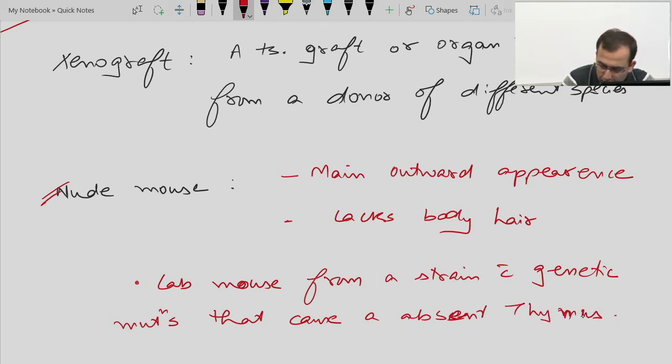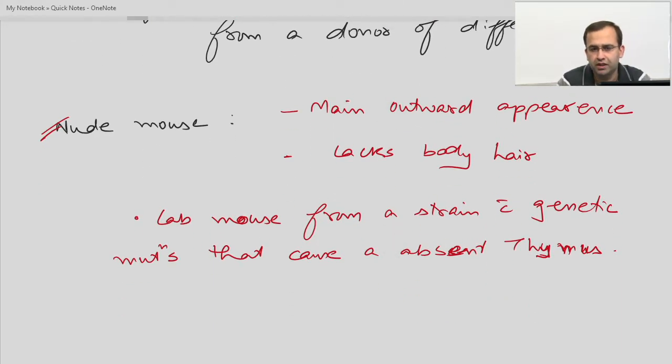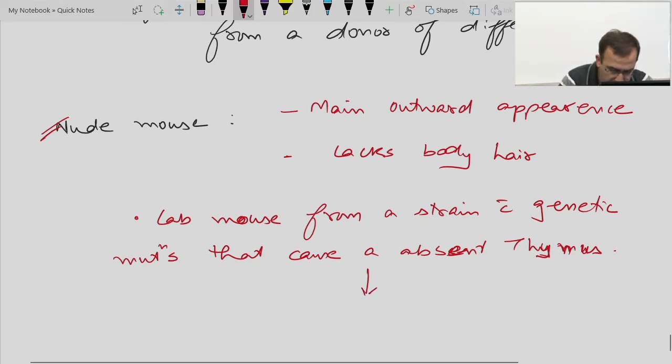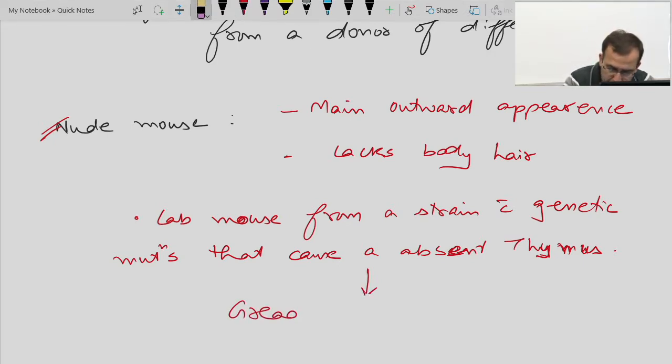In turn, you very well know that the thymus is where the maturation of T cells takes place, leading to a greatly reduced number of T cells.